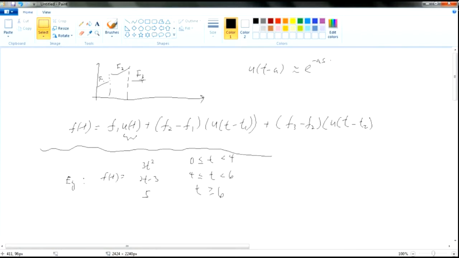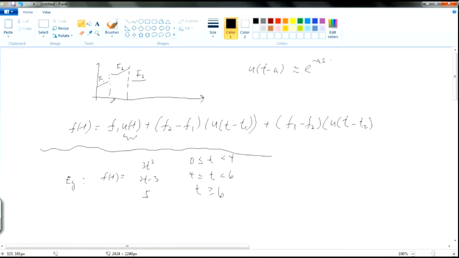With this said, the relationship for this phenomenon is written over here. For function 1, this is function 1 multiplied by u(t), which is the second shift theorem. So let's say we have t minus a.